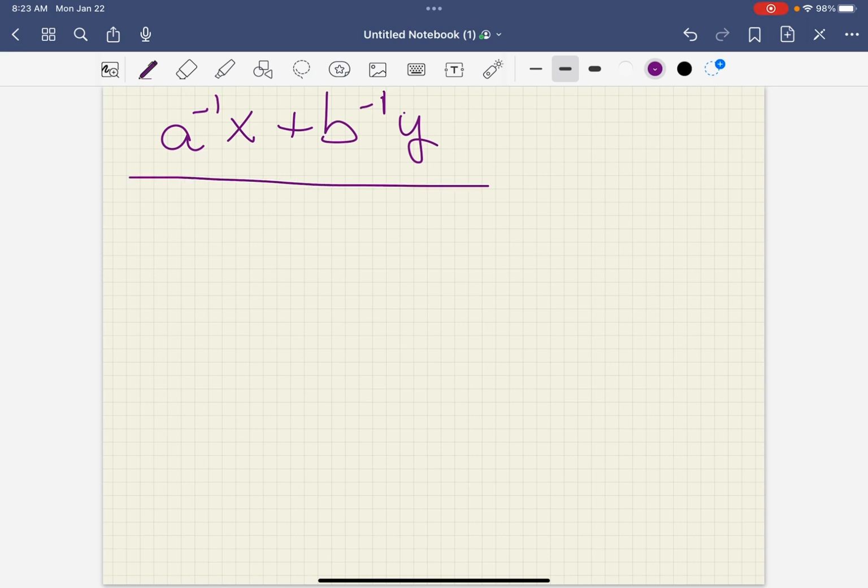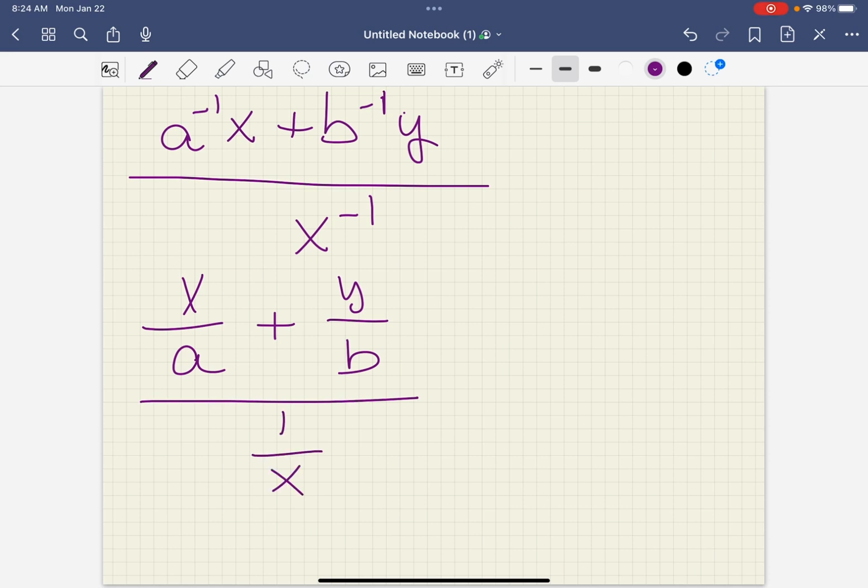These are not all multiplied, so we can't just move these variables up and down to get rid of the negatives. That's super important that you recognize that difference. So this is actually x over a plus y over b, over 1 over x. You have to recognize that or we're going to get the whole thing wrong. Okay, so you've got to begin by writing that correctly to start with.